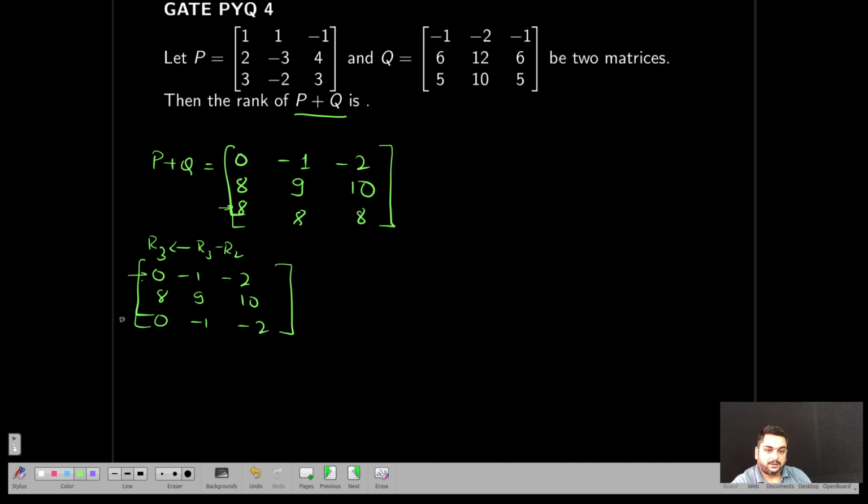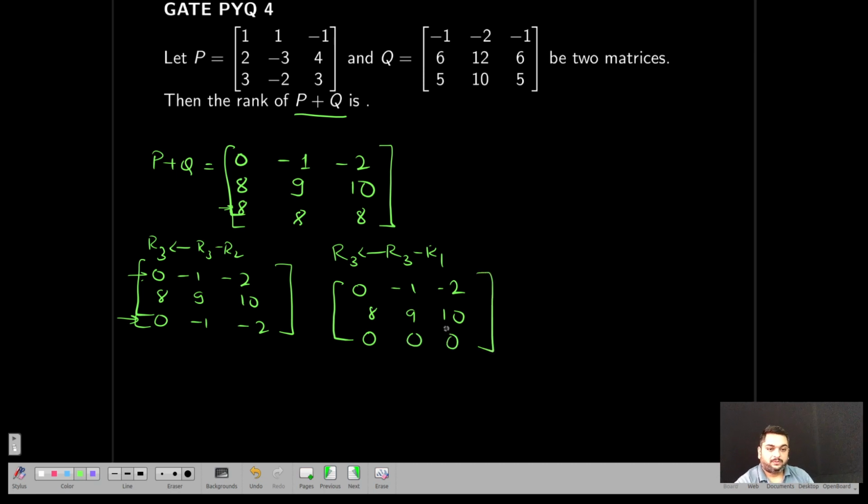If you observe here, these two rows are the same. So if I do R3 again as R3 minus R1, this will become 0, minus 1, minus 2, 8, 9, 10, then 0, 0, 0.